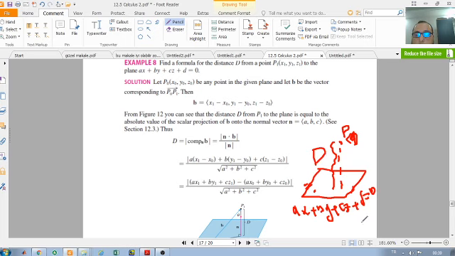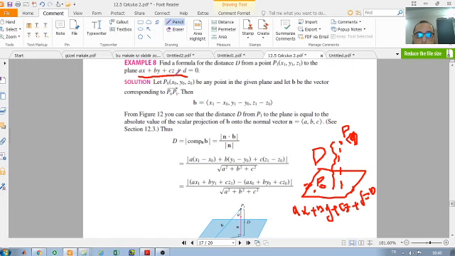By using the equation of the plane and the components of the given point. So let P0 be any point in the given plane. We take a point. You can find a point by writing any values for x, y, and z, and they should satisfy the equation of the plane.